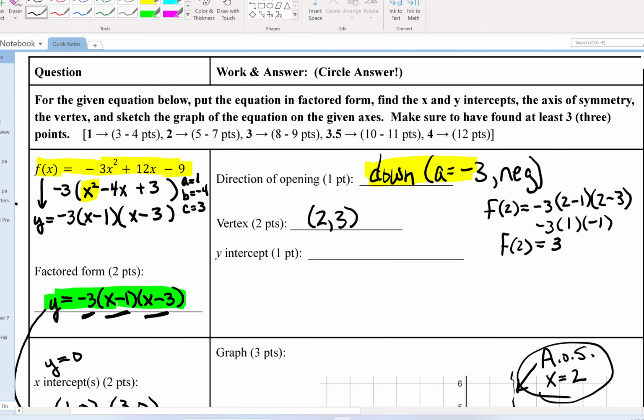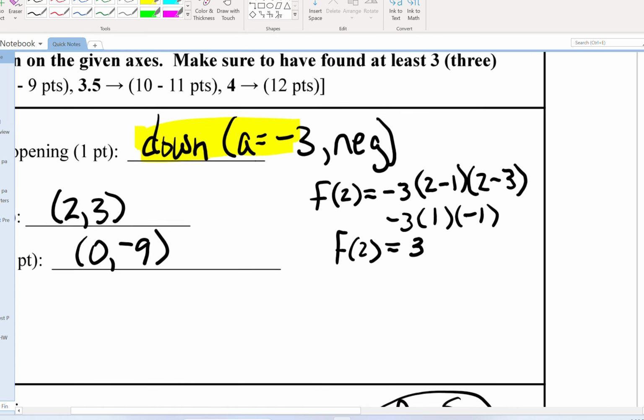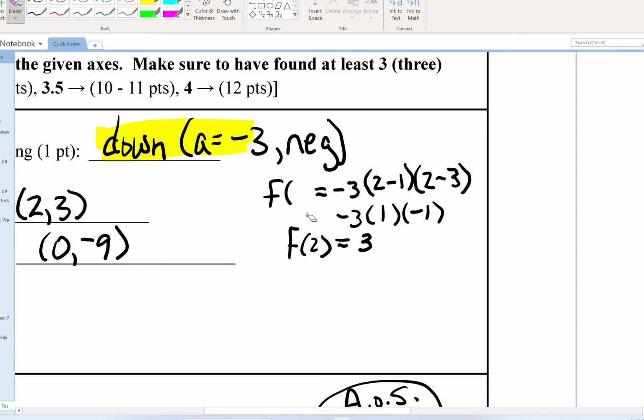So the y-intercept is the easiest thing we get from standard form, because it is already in standard form. It's always the c value, and so it's 0, negative 9. Now, if you had wanted to, you can go back and plug that in. Here, this would be 0 and 0, and so I'd say, well, what does this look like if x is 0?